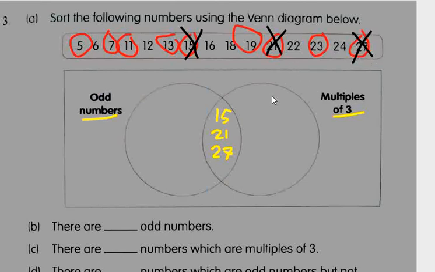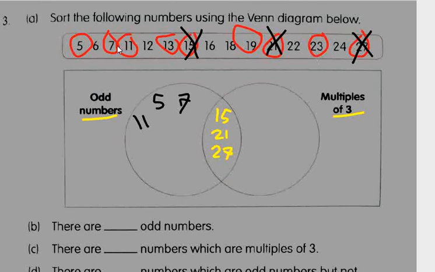Now 3 has been written, and the others that have been circled but not crossed are the odd numbers only. So put the answer like this: 5, 7, 11, 13, 19, 23, right?